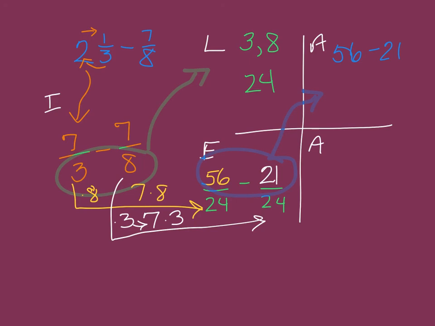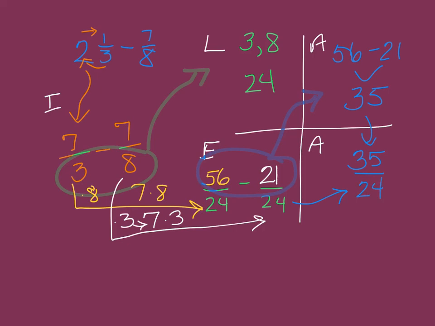So I know some of you are inclined to pull out those calculators, and I'm not going to tell you you can't, but this really is a simple one. 56 minus 21. 56 take away 20. 50 minus 20, don't forget, would be 30. 6 minus 1 is 5, so 56 minus 21 is 35. I bring that right down. That's going to be my numerator. Denominator stays the same, so it's 35 over 24.